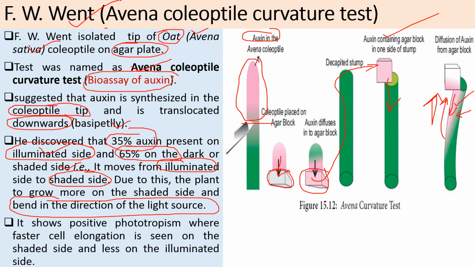So it shows positive phototropism where faster cell elongation is seen on the shaded side and less on the illuminated side. So this was all about this F.W. Went's Avena coleoptile curvature test.